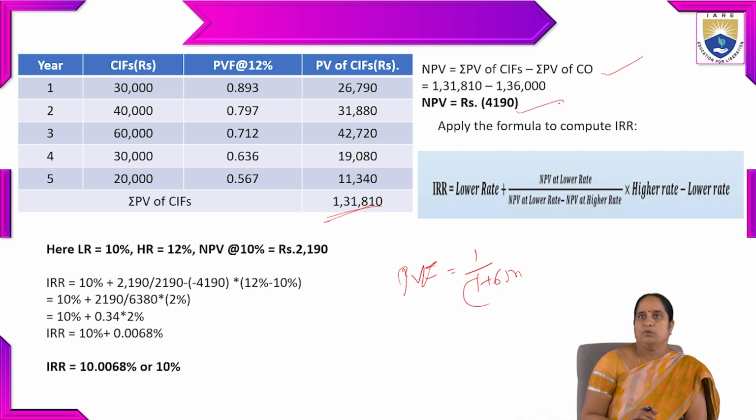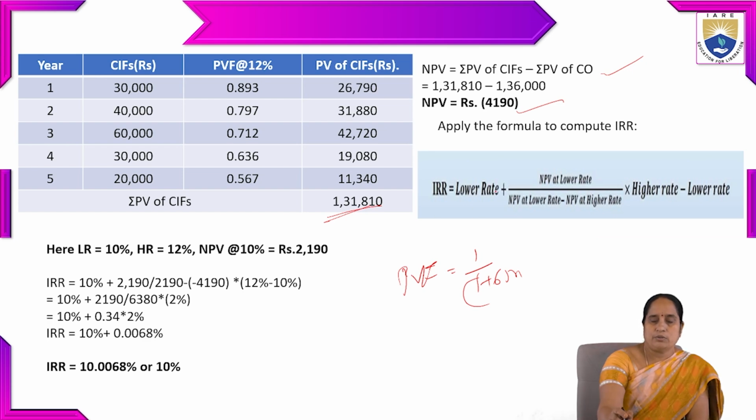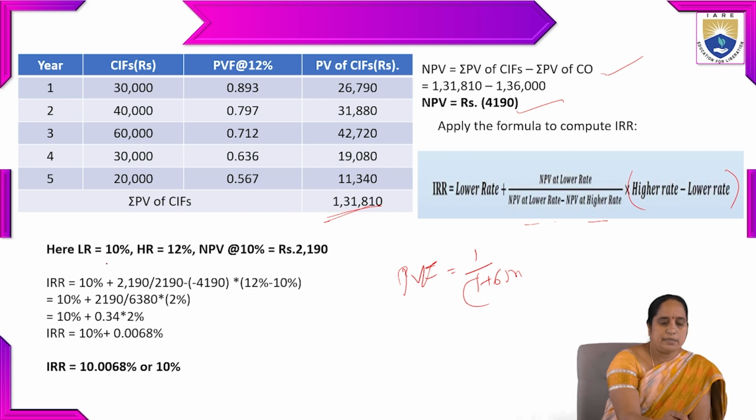Then apply the formula to compute IRR. Internal rate of return is equal to lower rate plus NPV at lower rate divided by NPV at lower rate minus NPV at higher rate, into higher rate minus lower rate. In this case, lower rate I have taken as 10% and higher rate assumed 12%.